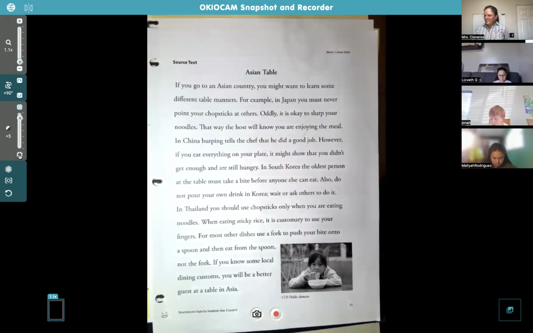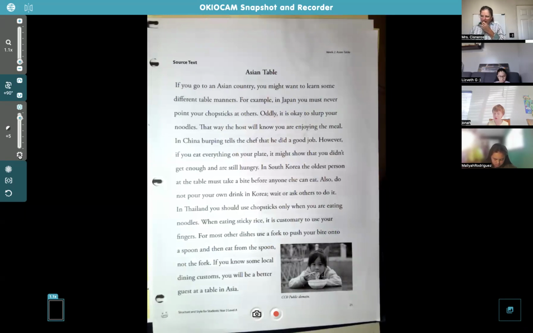However, if you didn't eat everything on your plate, it might show that you didn't get enough and you're still hungry. In South Korea, the oldest person at the table must take a bite before anyone else can eat. Also, do not pour your own drink in Korea. Wait or ask others to do it.